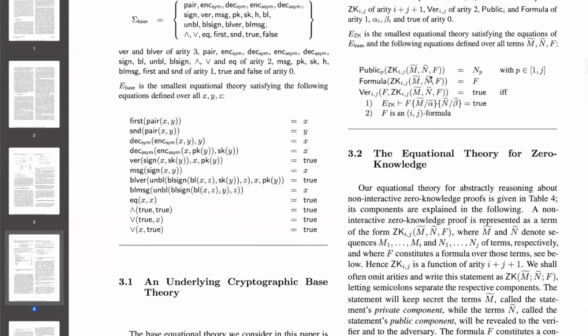So what they're doing is making it so that they have a divided namespace. So alpha is only ever going to be replaced by M's, and beta is only ever going to be replaced by N's, where the M's and the N's come from a ZK marker. So this part is going to be, let me make sure I get this right. Yeah.